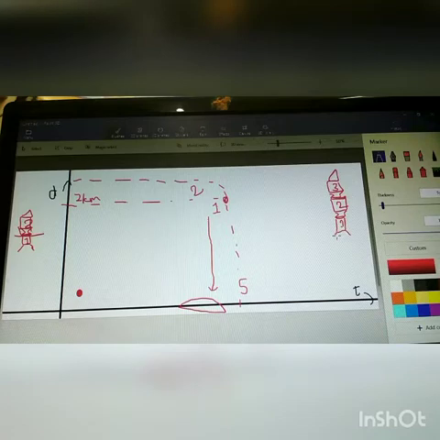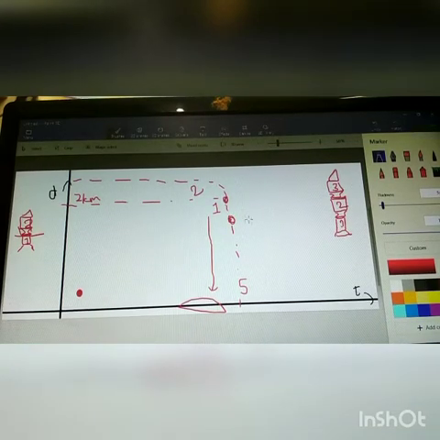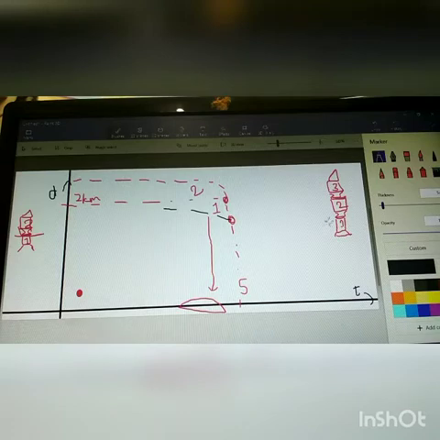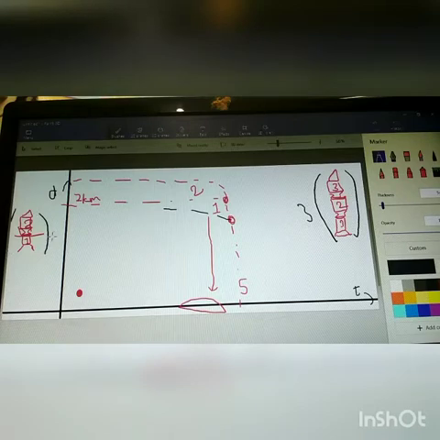Let us say the scenario for the first two stages is the same, but there is a case where the orbiting maneuver starts from a lower area for the three-stage rocket. This is a three-stage rocket, and this is a two-stage rocket.